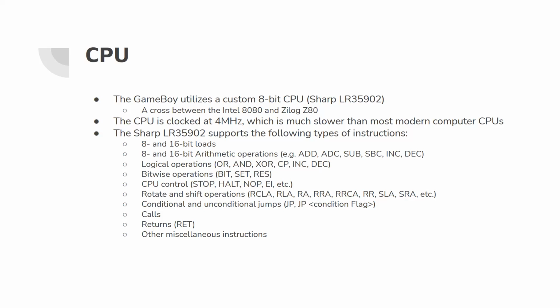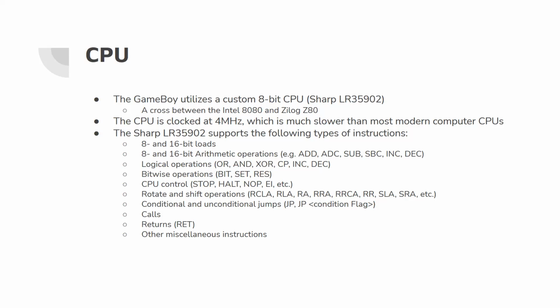The CPU runs at 4 megahertz, so that is much, much slower than your computer's CPU. So when you're running an emulator and you're trying to play a Game Boy game, they have to actually scale. They have to accommodate that 4 megahertz rate.